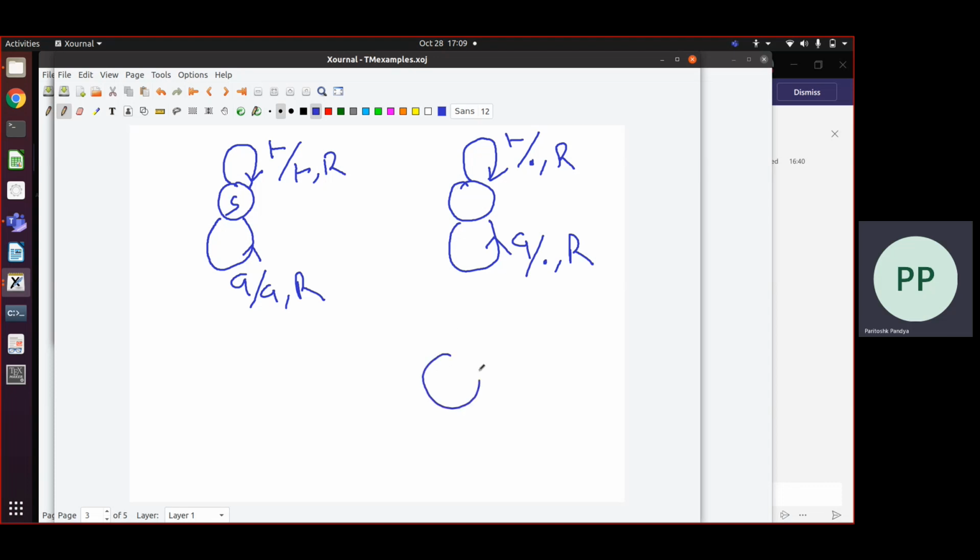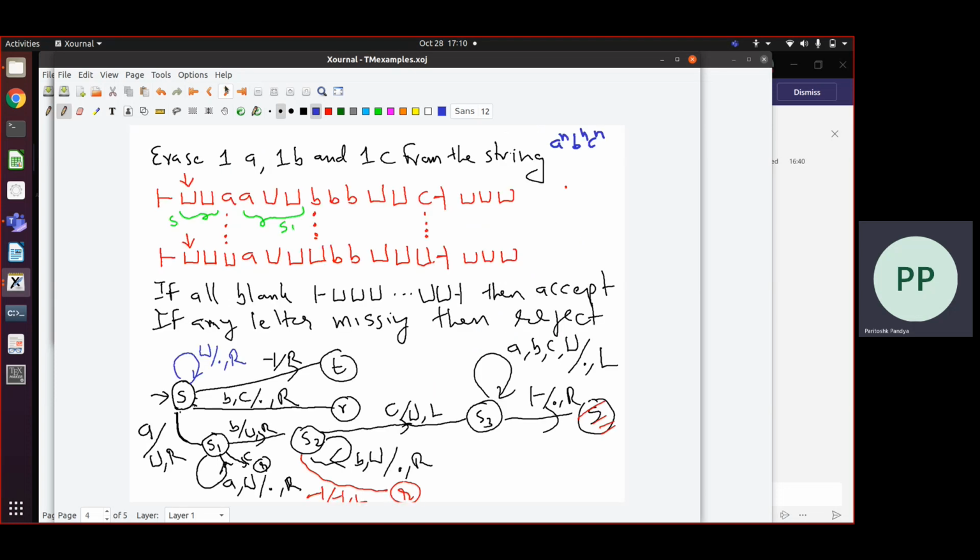I can abbreviate it in the following form: on either a left end marker symbol or an A symbol, I leave the symbol as it was and move one step to the right. This still represents two transitions, one on left hand marker and one on A, but I can write it more conveniently like this. So this abbreviation we will use, and we will diagrammatically design a Turing machine which does this.